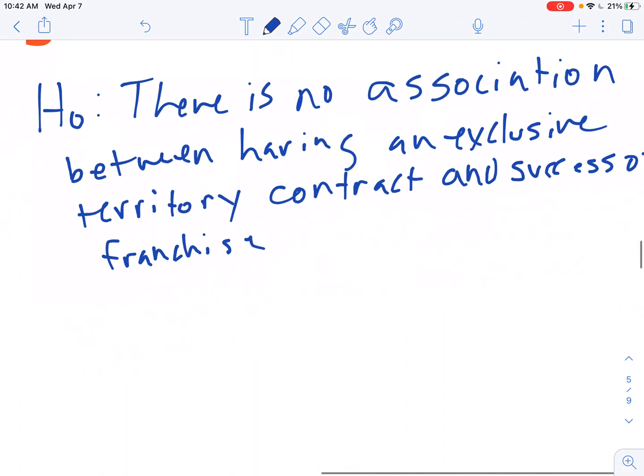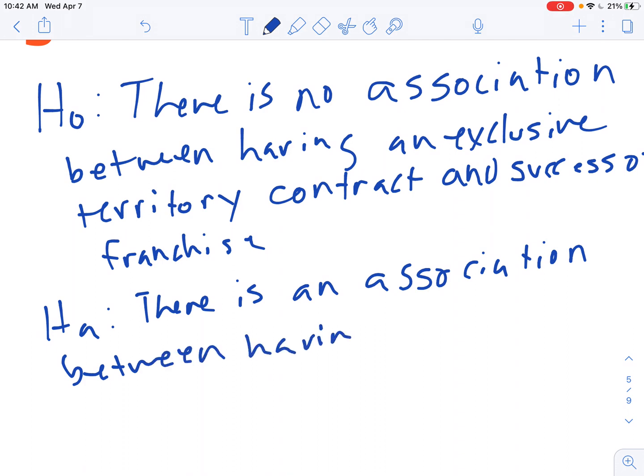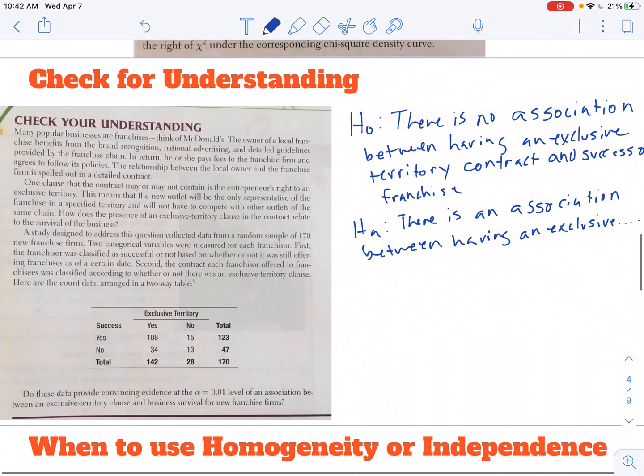And then the alternative hypothesis is there is an association between, and from this point on it's the same, having an exclusive territory contract and the success of a franchise.